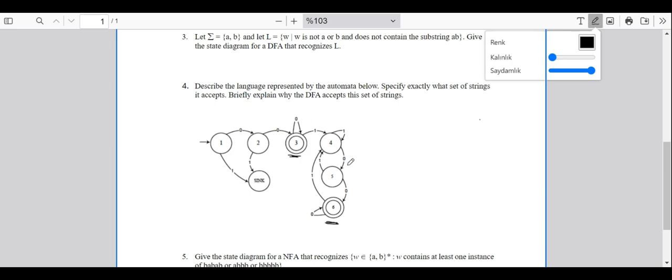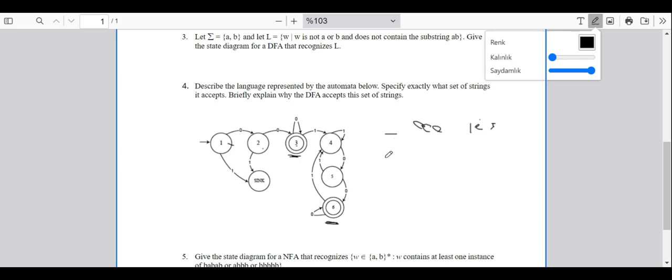Now examine the valid paths. For example, 1, 2, 3: 0, 0, 0. This is a valid path, 0, 0, 0, 1, 2, 3.